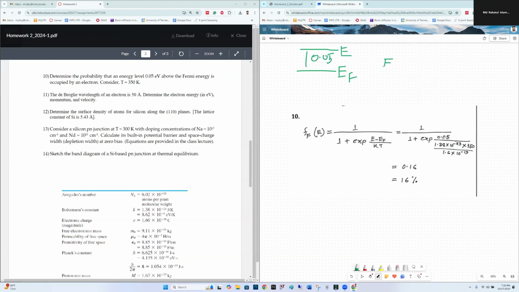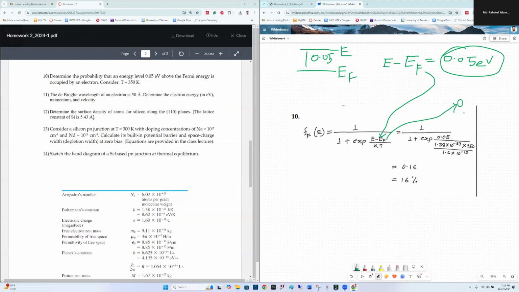So we can write E minus EF equals 0.05 electron volts. Just put this into the equation, and the temperature is also given. You know the Boltzmann constant, and as this is in electron volts, you have to write this in joules actually.